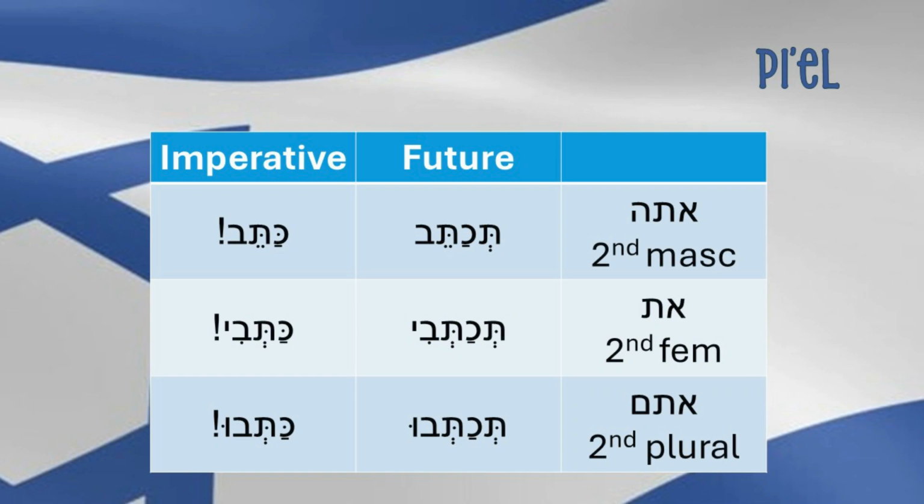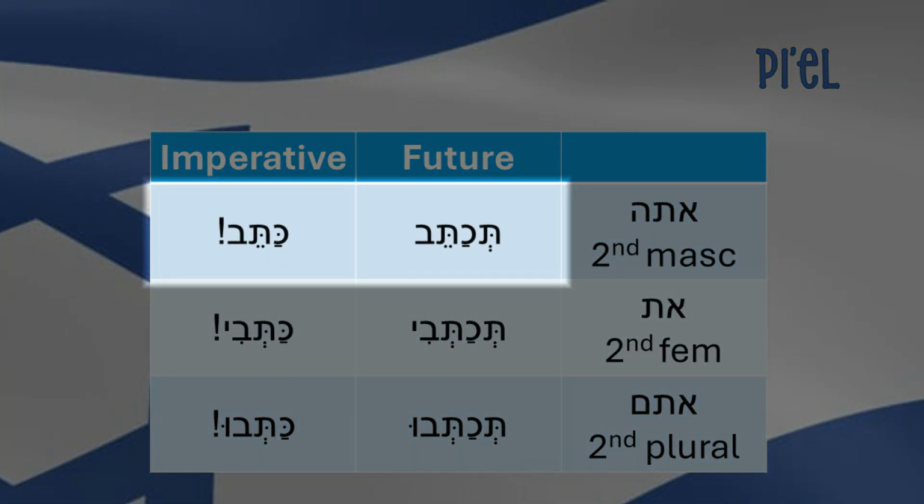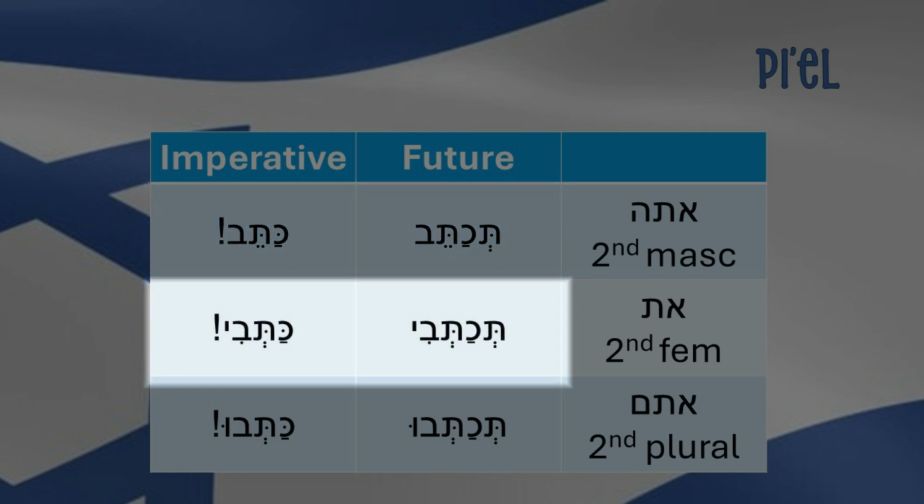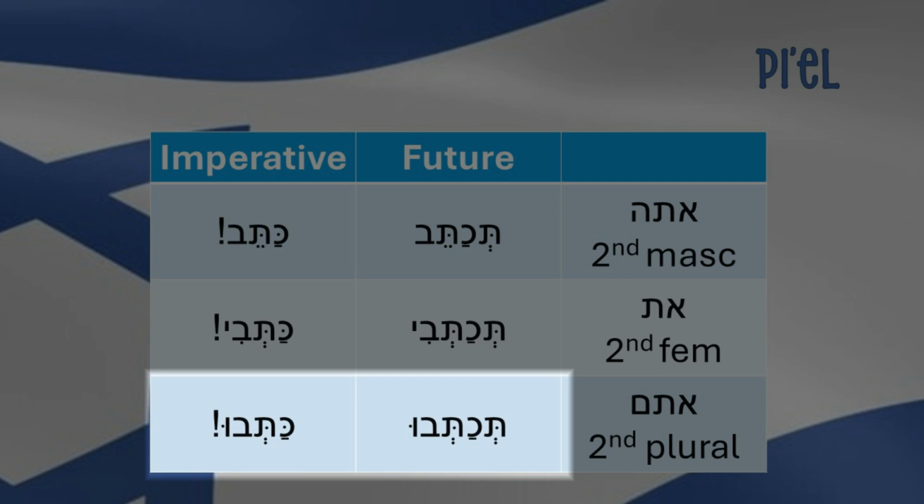So with this verb, we have future techatev and then imperative katev. And for the at form, it's going to be techatvi, and then the imperative is going to be katvi. And for the atem form, it's going to be techatvu, and the imperative will be katvu.